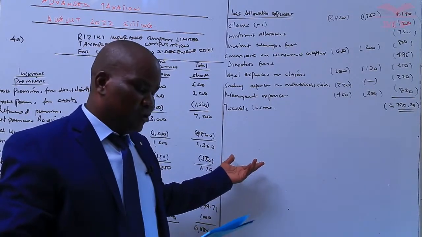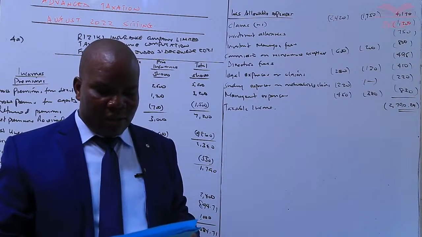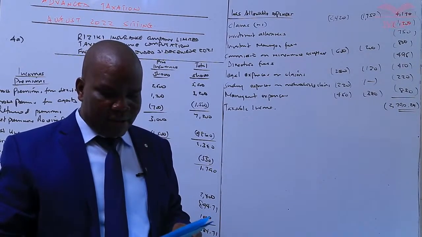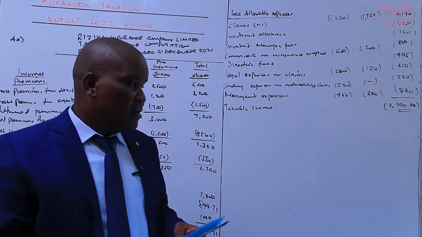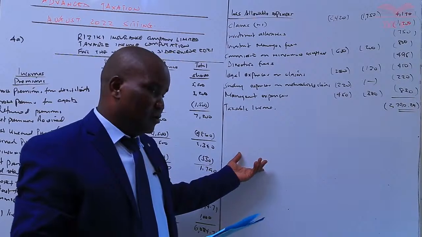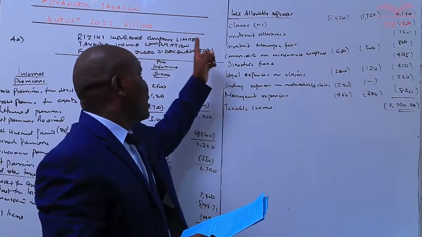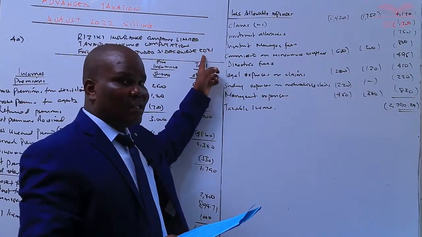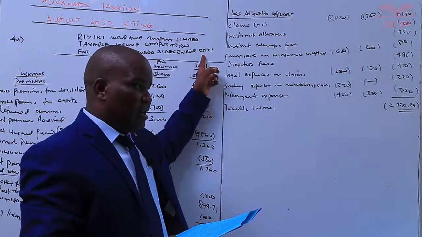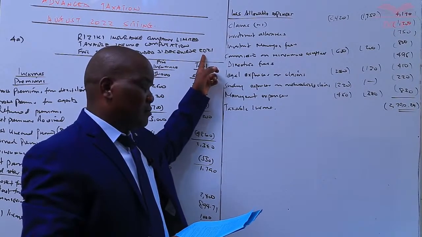So we say part 2, you can write, Riziki Insurance Company Limited is not liable for taxation for the year 2021 because it realized a loss and not a profit.